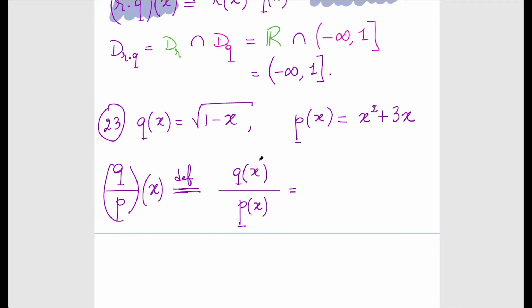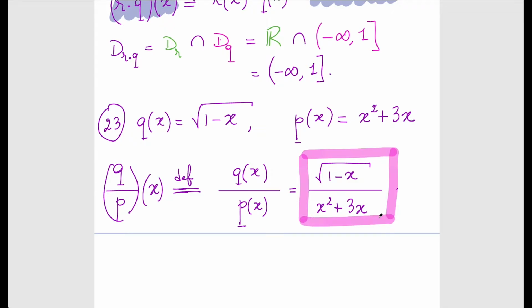And this is equal to Q of x, which is the square root of 1 minus x, divided by P of x, which is x squared plus 3x. Okay, so this would be the recipe of the output of the function Q over P.